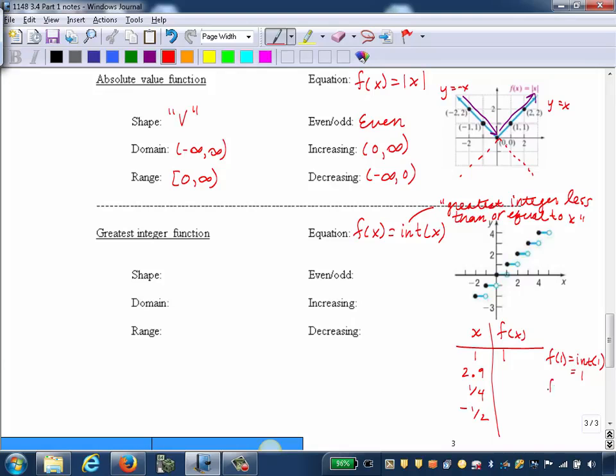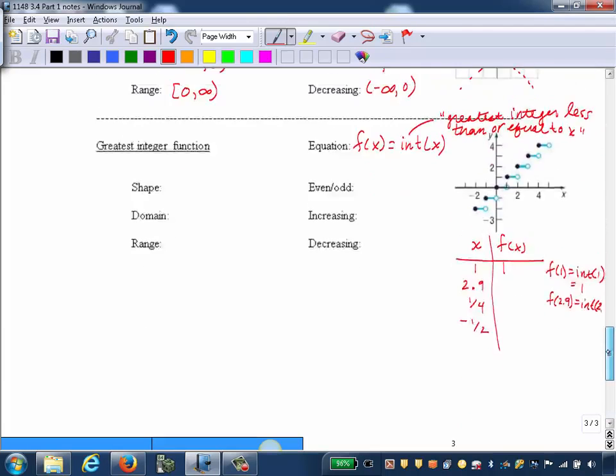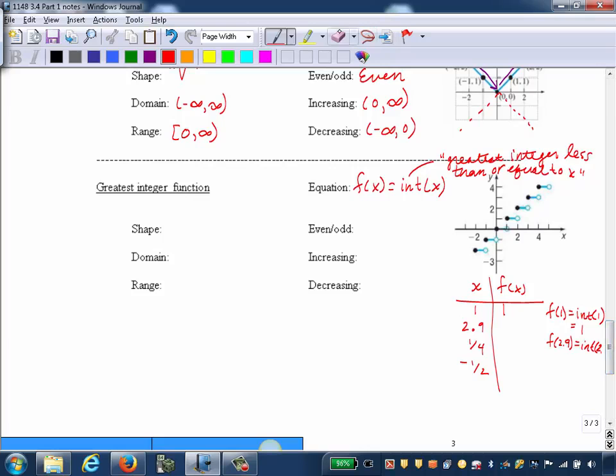Now, if I want to find f of 2.9, I want to find int 2.9. So that means I want the greatest integer that's less than or equal to 2.9.